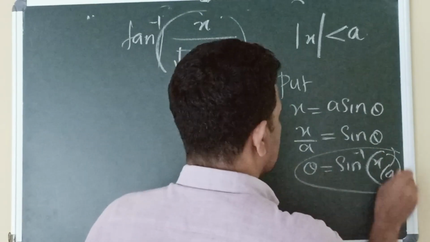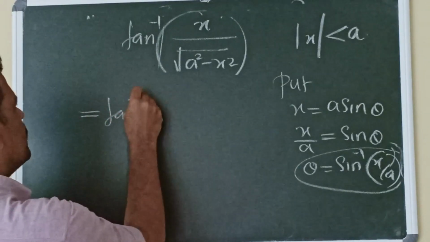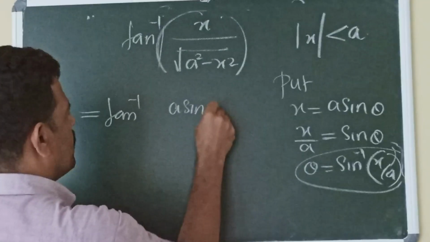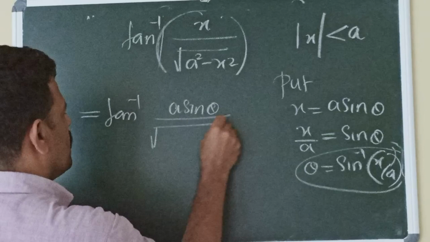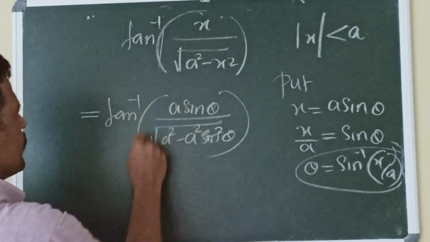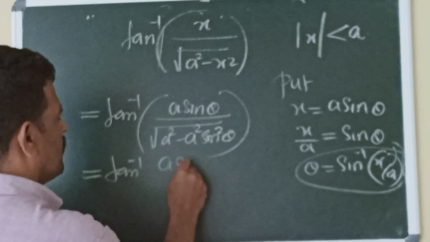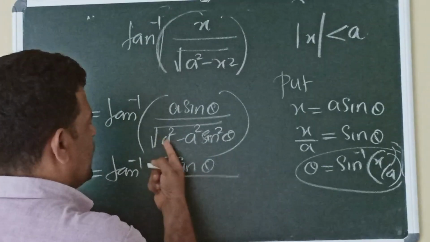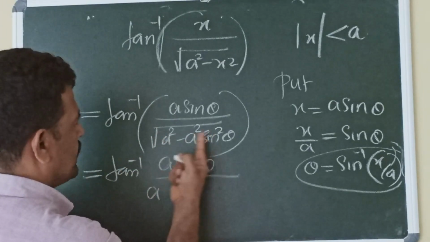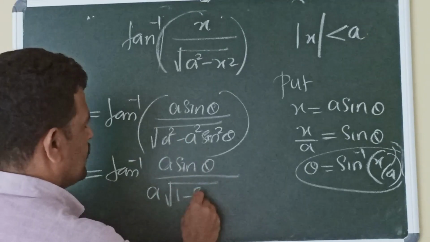Now this expression becomes tan inverse, x means a sin theta, divided by square root of a square minus a square sin square theta. Now that is tan inverse a sin theta divided by, a square is taken outside from this root, that becomes a, then 1 minus sin square theta, that is square root of 1 minus sin square theta.